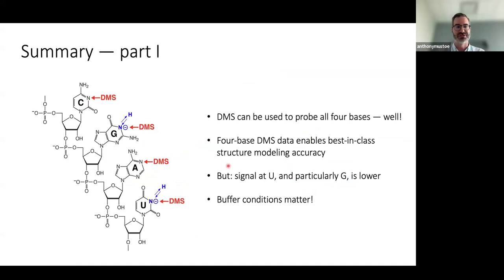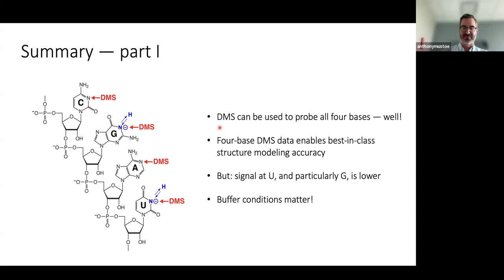Okay, so just wrapping up this part, we think that DMS can be used to probe all four bases well, and others have also found and shown that, so it's not just our group. If you're interested in doing this experiment, I think you should do it.